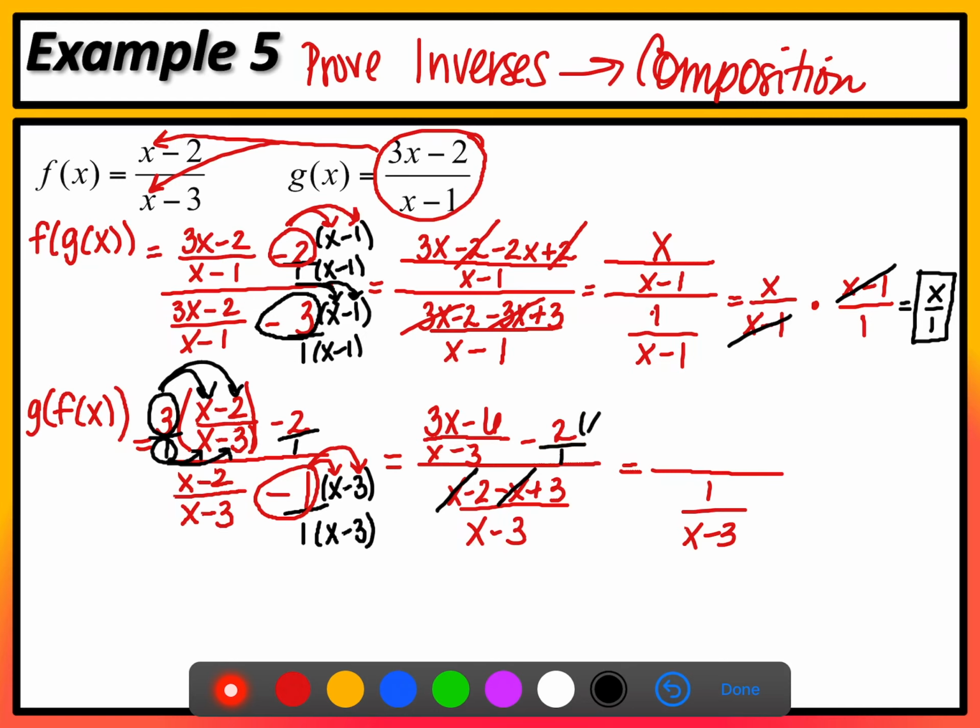All right, so now the 2, I'm going to make a common denominator. All right, so the top has a little bit more work to it. Okay, so these are canceling on top. And I have x, because I'm going to do 3x minus 2x.